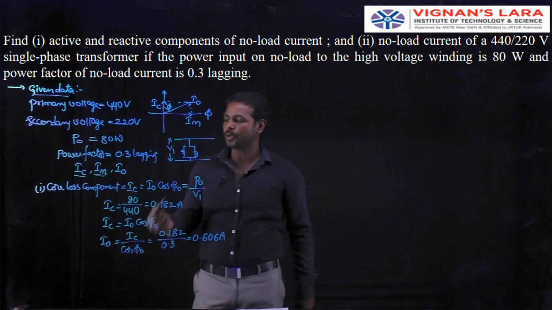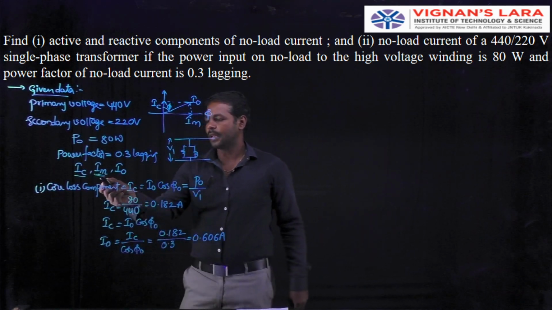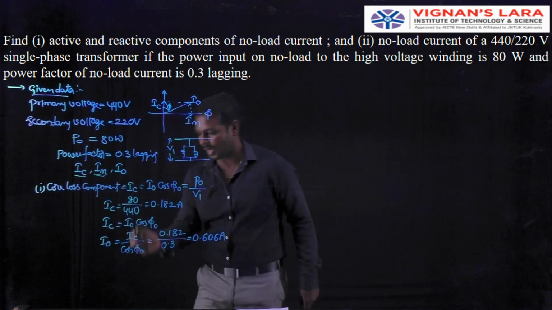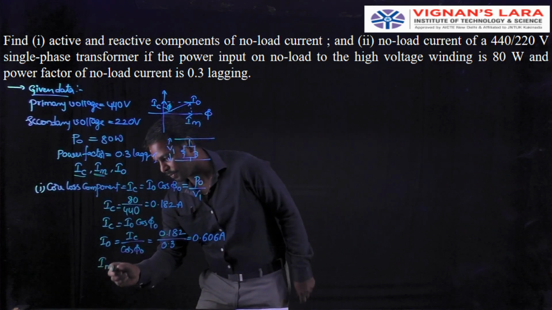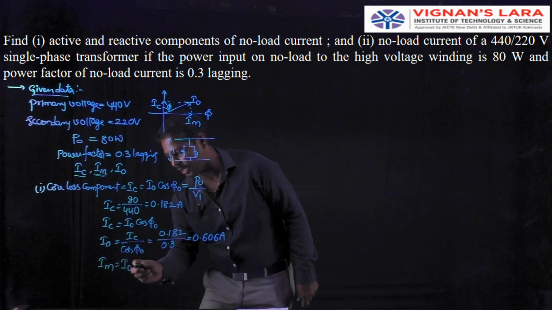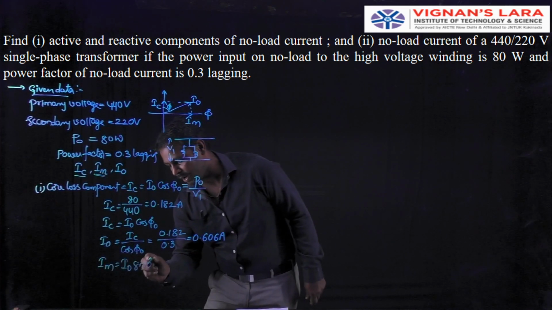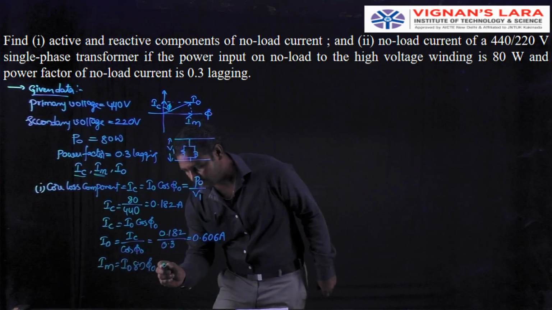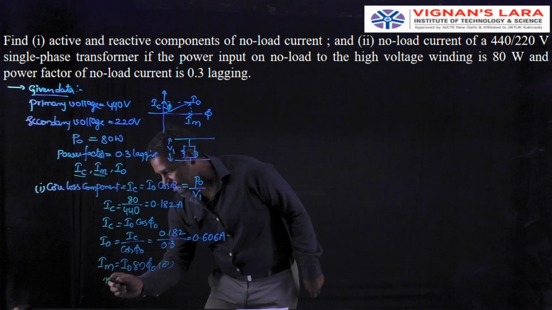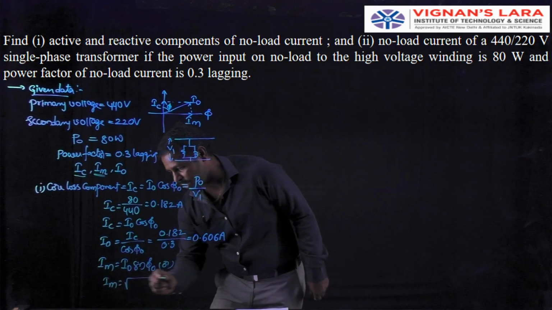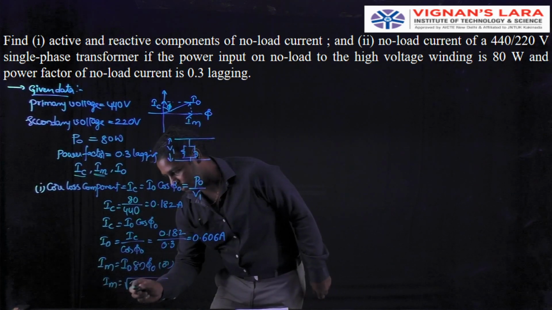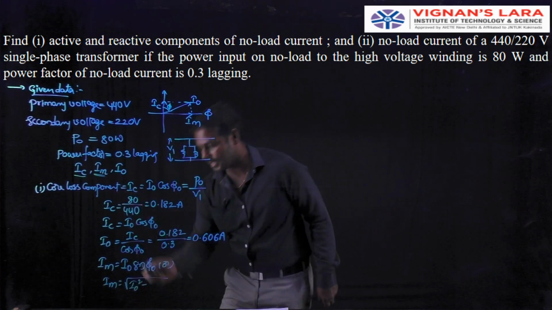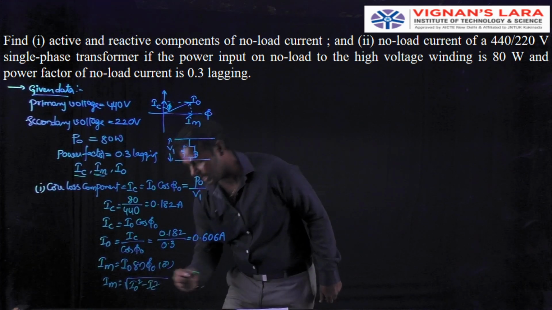So I naught is equal to 0.606 amperes. Another parameter is Im. We can calculate the magnetizing component using two expressions. One is Im is equal to I naught into sine phi naught. Otherwise, Im is equal to the square root of I naught square minus IC square.